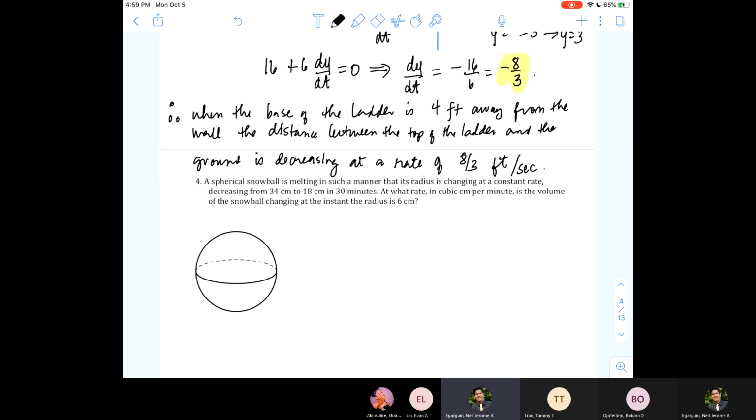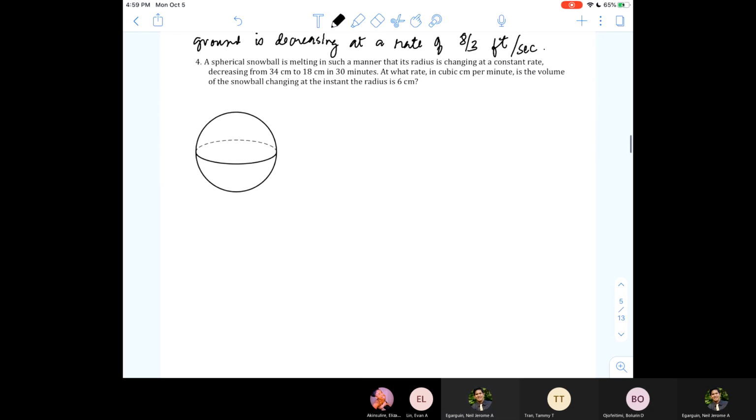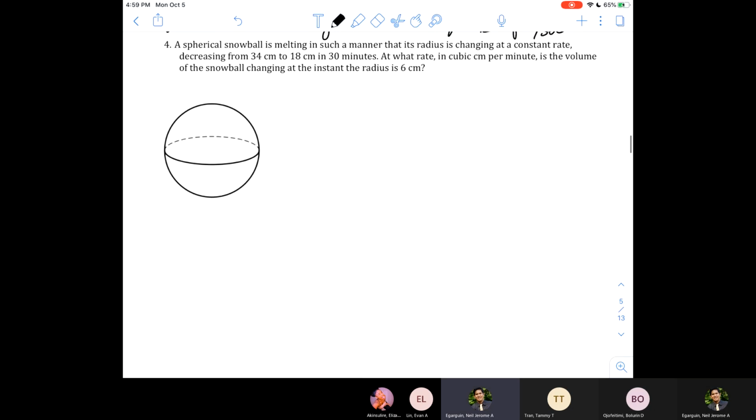So I hope you at least get the idea of how to solve related rates problems, and of course, your efficiency in solving such problems will come from experience. So try more problems during your free time. Okay, let's try problem 4.